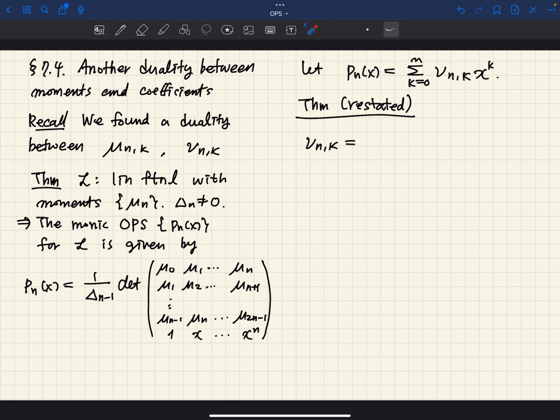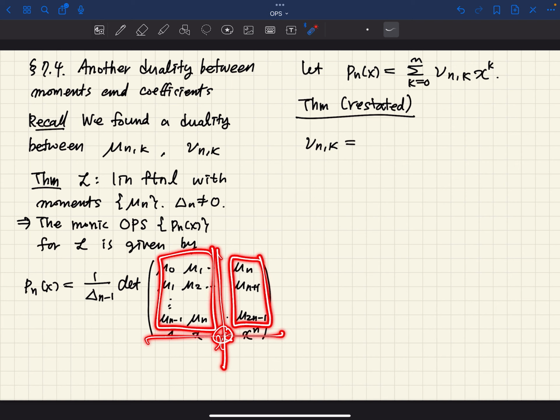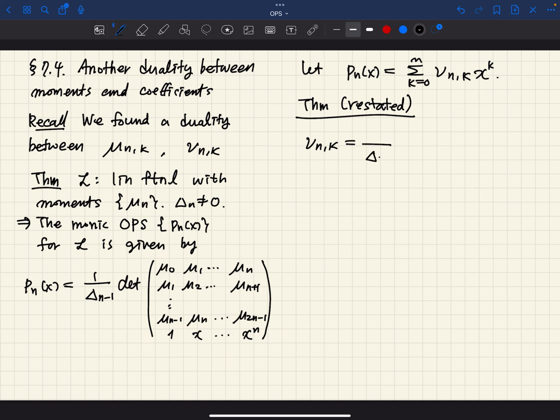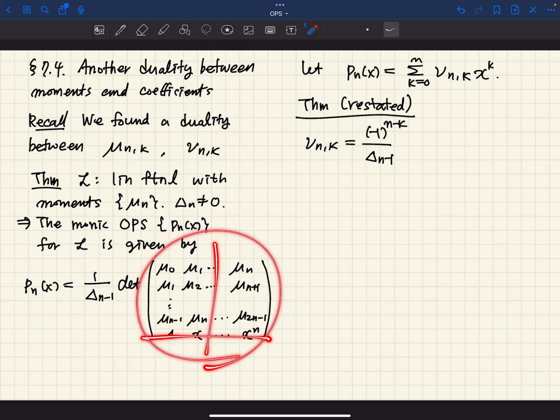What is the coefficient of x^k of this? If you want to get x^k, you have to select x^k in this last row expansion. Then you get the determinant of this matrix. So that's exactly this, delta_{n-1}, and we have the sign (-1)^{n-k}, and what we are left with is exactly the Hankel matrix where we select rows from 0 to n-1 and columns from 0 to n except column k.